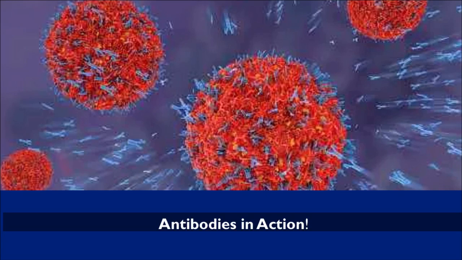Here's an illustration of antibodies in action. What we want to see is plenty of those antibodies, those Y-shaped, wishbone-shaped groups of proteins attacking that virus, attaching to where those antigens, those spike proteins are, inactivating them so that those spike proteins can no longer open the door to our cells.